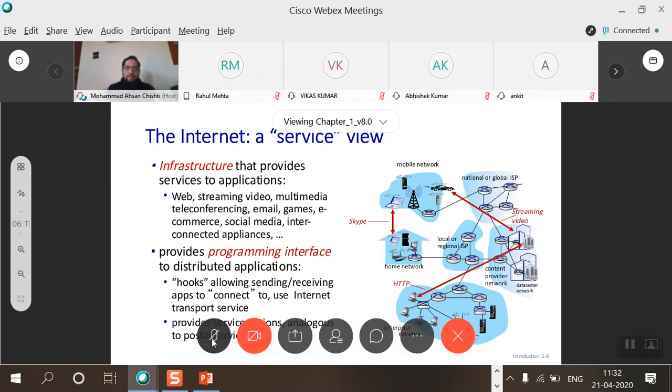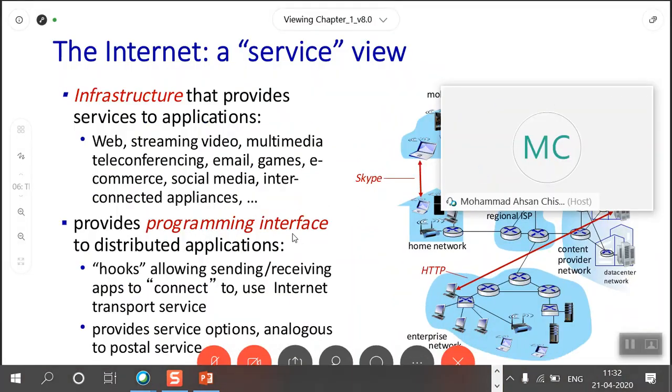Slide is visible. All right. Now, if I talk about the data network or content provider, you move from the local ISP to the right side in the figure.